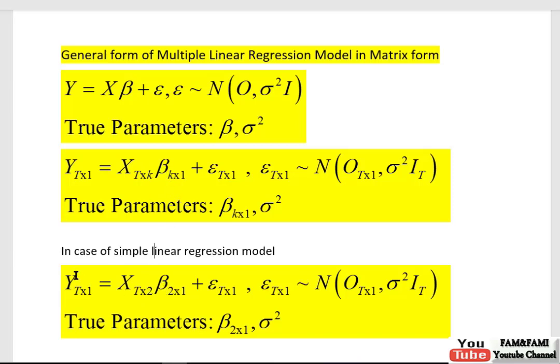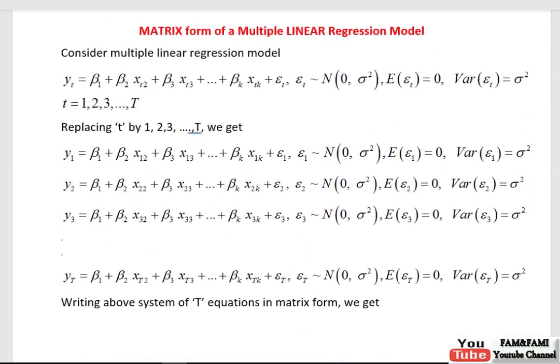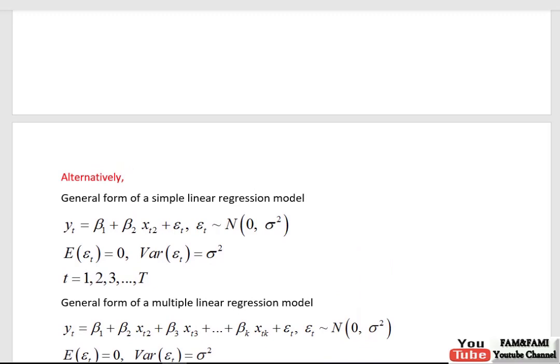So it will be y t by 1, X t rows and 2 columns, and beta 2 cross 1. Look at here, let me scroll up: y t, beta 1, beta 2, there are only 2 betas, so the beta vector contains 2 elements, beta 1 and beta 2.